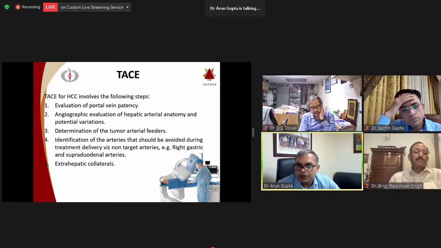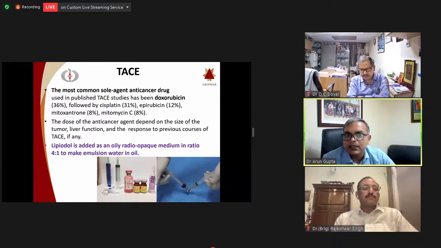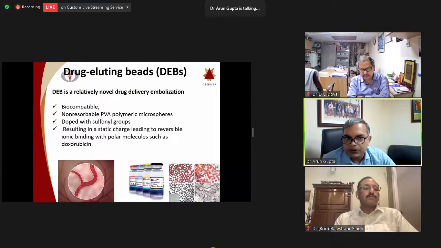We try to get the hepatic artery anatomy, basically on the triphasic CT only. What are the tumor feeders and what are the accessory feeders which are supplying it. We try that the gastric arteries, also supraduodenal arteries, the chemotherapy agent should not go into them. And also we look for extrahepatic collaterals. So we mix it and inject it in the ratio of 4:1.